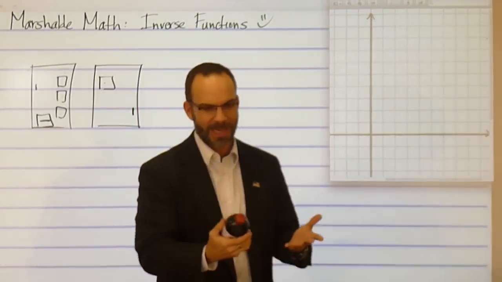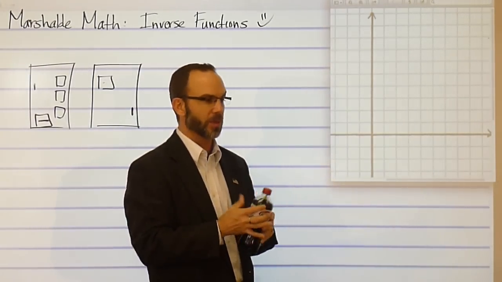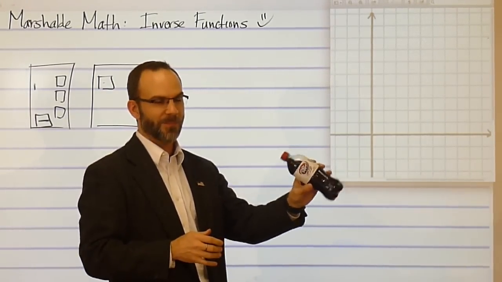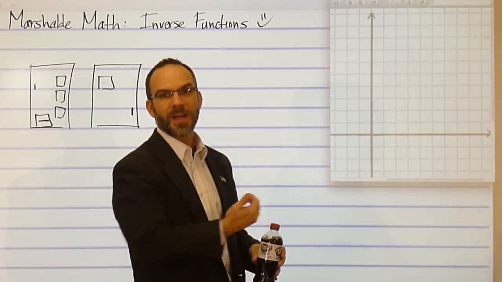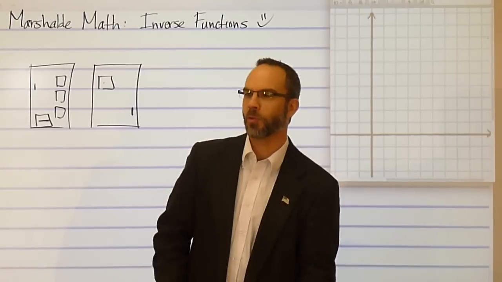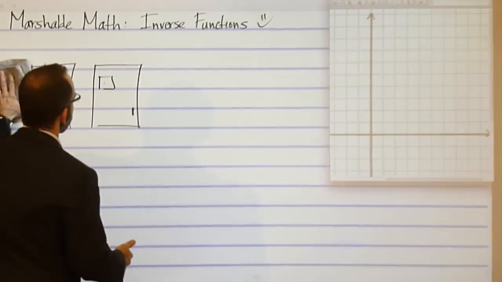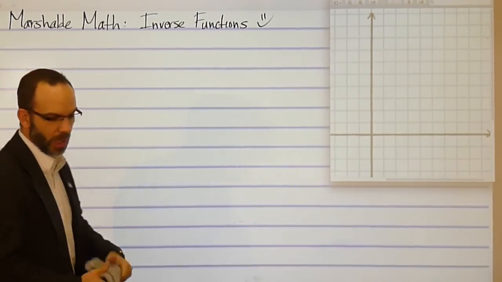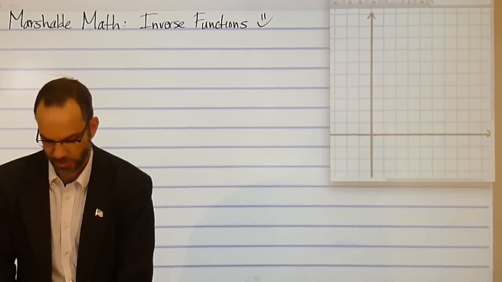I got an output, but I want to reverse the process, right? So you would step over to the next vending machine, like, oh, I'm going to put this in, and you would get your input originally back out, right? That's what a function does. I'm not so sure that that would work in terms of a vending machine, but it's an interesting idea. So an inverse function will undo what the first function does.